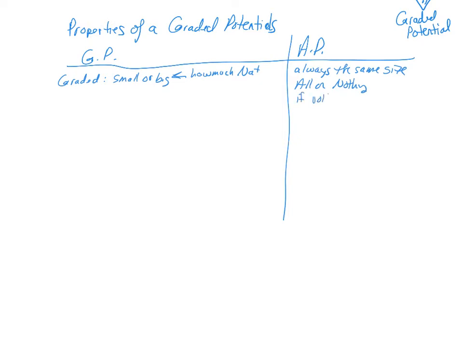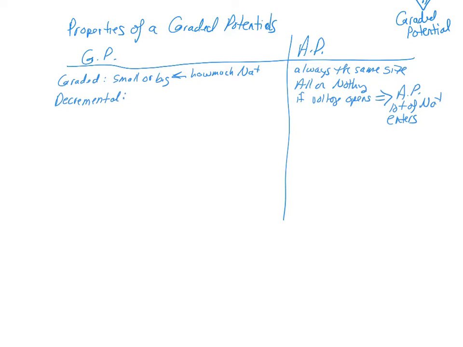If the voltage gate opens, you have an action potential and lots of sodium enters the cell. Okay? Graded potentials are also called decremental.